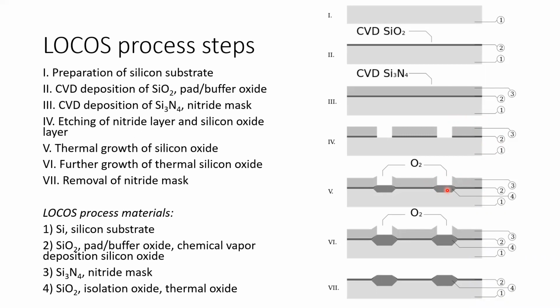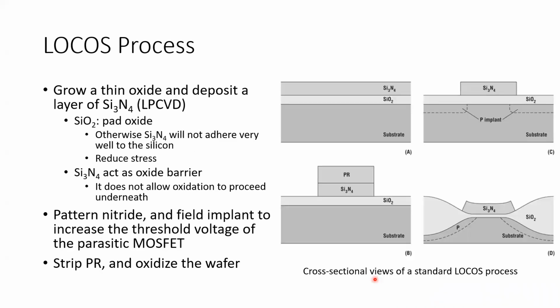Next, we remove the silicon nitride, and then we have the field silicon oxide and the buffer silicon oxide. Then in the region between the two field oxide regions, we make the transistor, and then we have an isolated MOSFET.